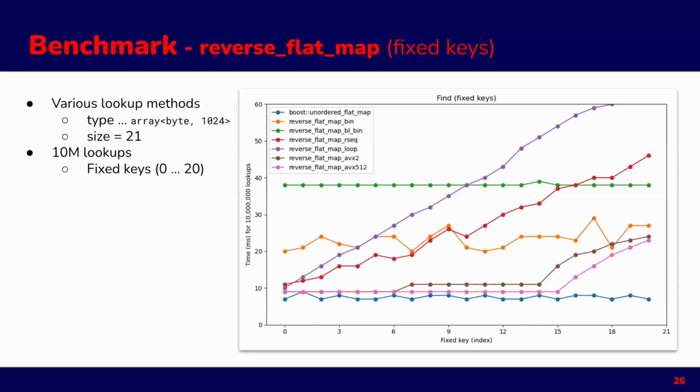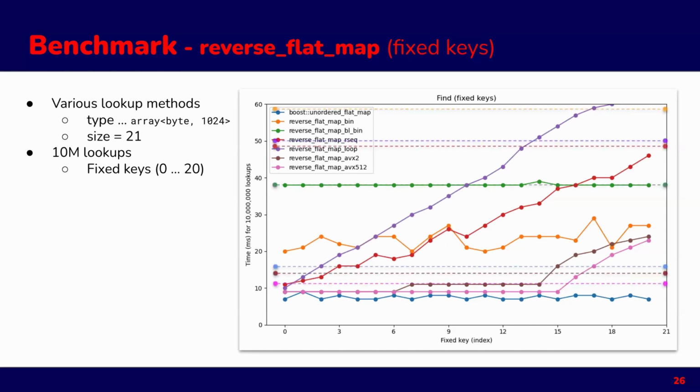And here is the branchful binary lookup that's very similar to the implementations we have seen in the baseline benchmark. Okay, and here are the lines for the result for hotkeys. So you can see that in this case we beat the hash map.